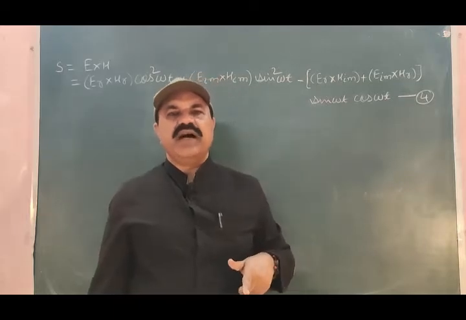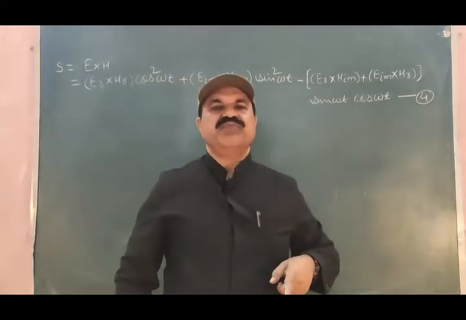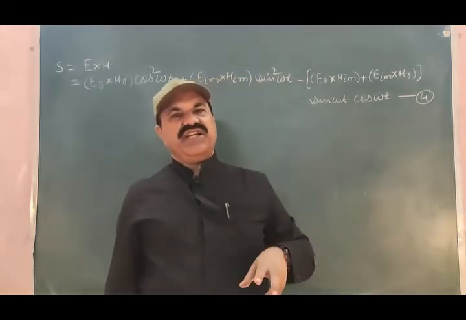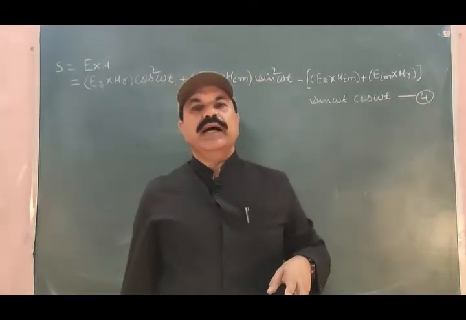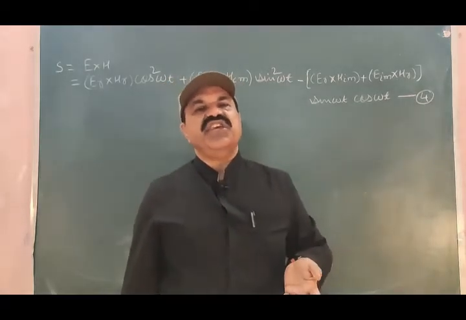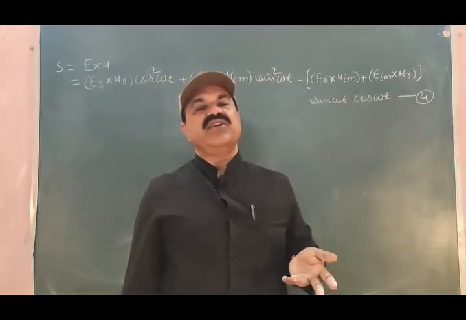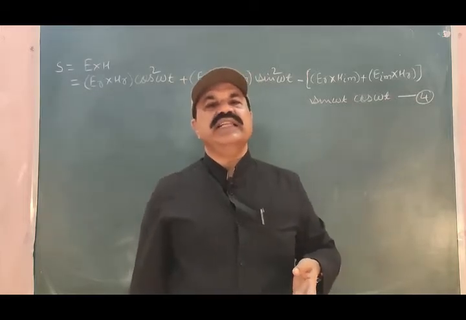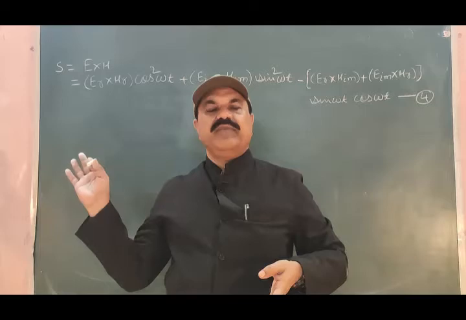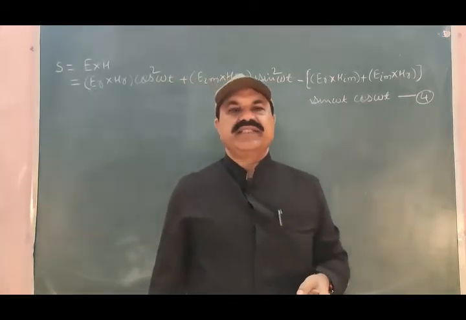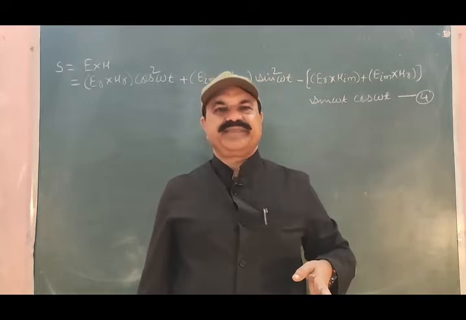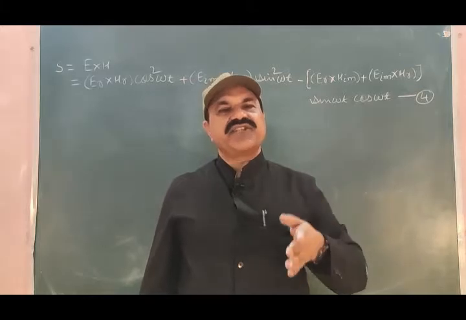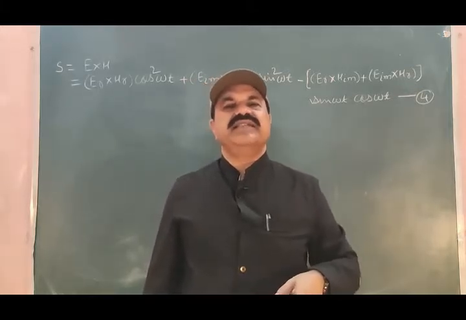At the same time, they are perpendicular to the direction of propagation of the light, and therefore the cross product of vector E and vector H is always perpendicular to the plane of the vectors E and H. It means that E cross H is always along the direction of propagation of the light energy, and therefore the Poynting vector may be taken to find the intensity of the light. It is taken in the direction of the propagation of electromagnetic energy.